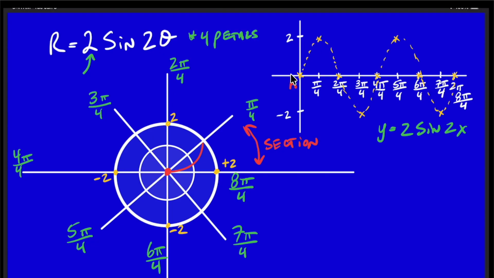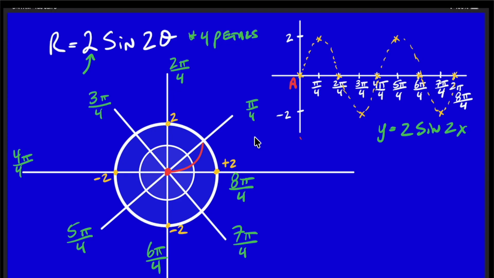How do we know we're not going to go over here? The answer is that graph would be between pi over 4 and 2 pi over 4. That would be the wrong section. All right, let's go ahead and erase that, and let's see where we move next. So next, we are going to move from pi over 4 to 2 pi over 4.